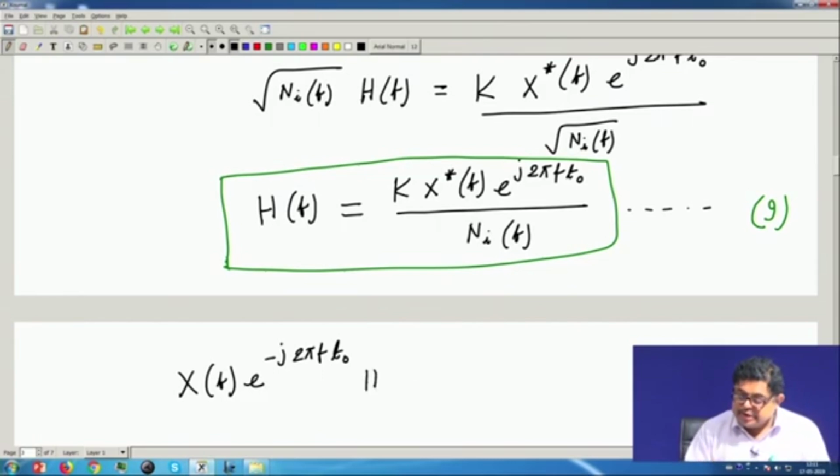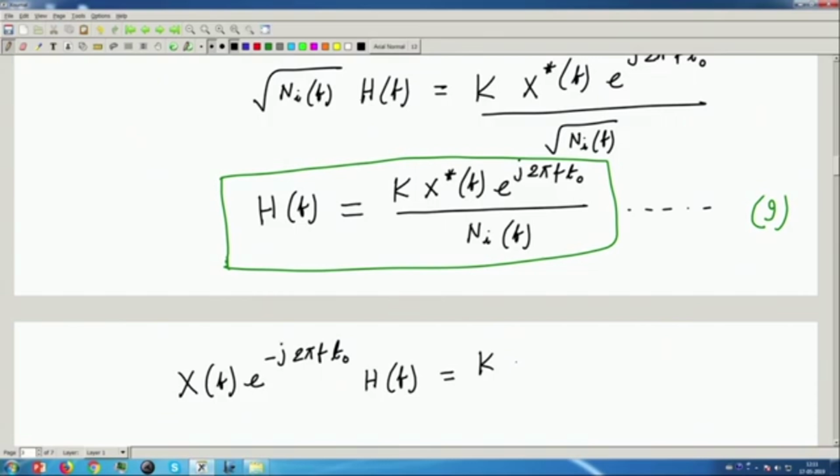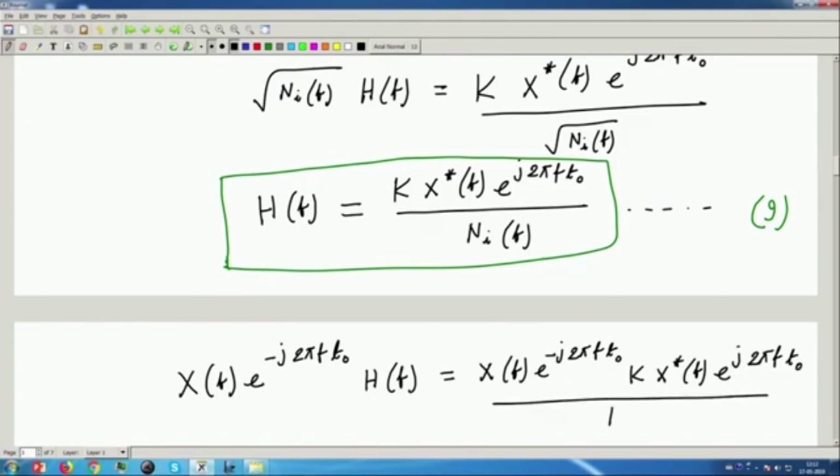So, this side will be H(f) X(f) e to the power minus j 2 pi f t0, and that side will be K X star(f) e to the power j 2 pi f t0 by N_i(f), multiplied by X(f) e to the power minus j 2 pi f t0.